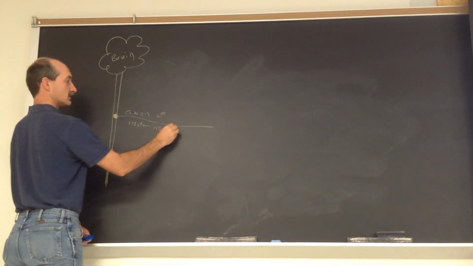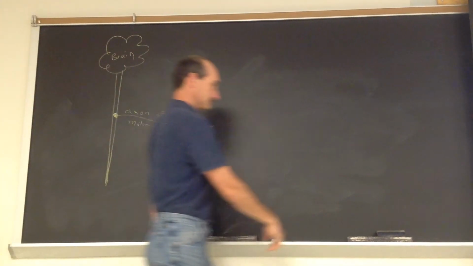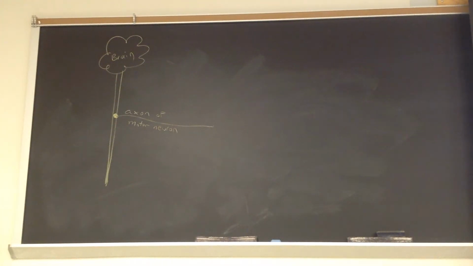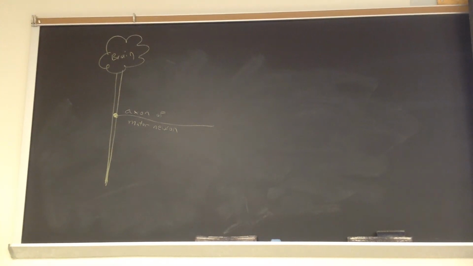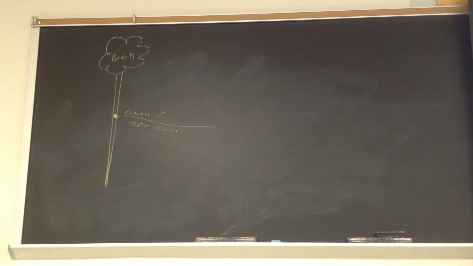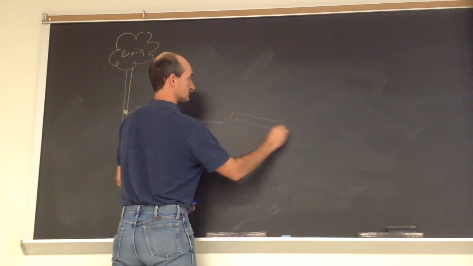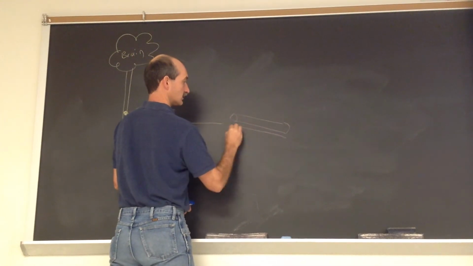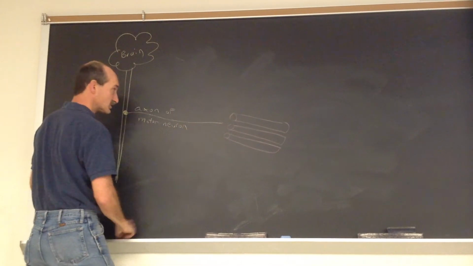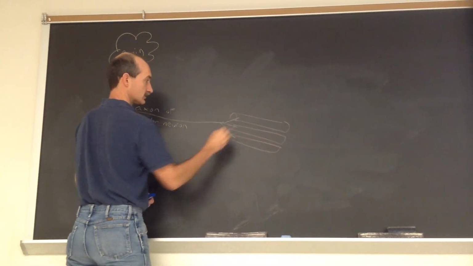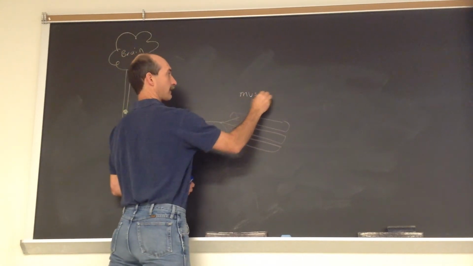We used this phrase already. And it's going to go out to some muscle fibers. I've got a piece of red chalk. Let's make some muscle fibers, that is, muscle cells. There's one, there's two, and there's three. Maybe it branches at the end. Those are some muscle fibers.